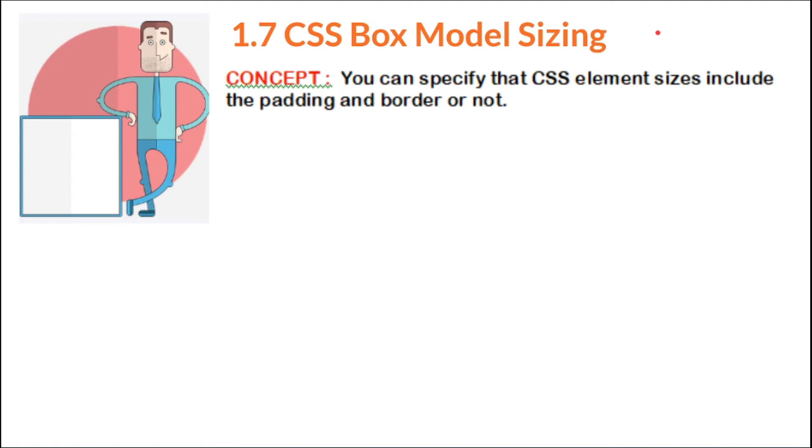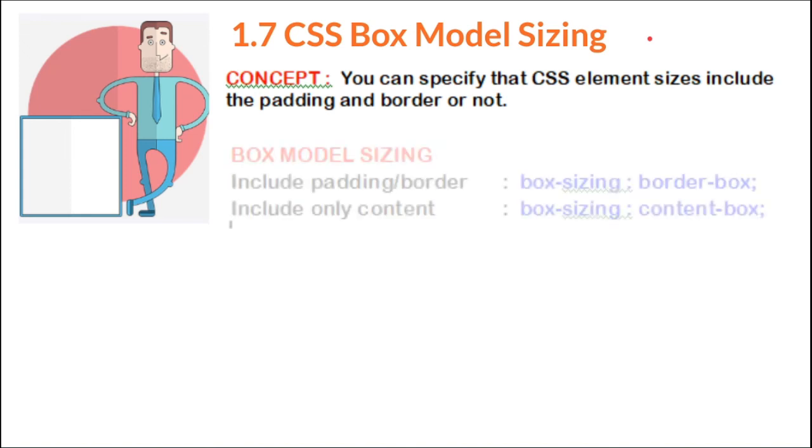But normally you have padding and border which is added onto your normal size or subtracted from it. So you can specify whether to include the padding and the border size or not in the sizes that you're going to stipulate.